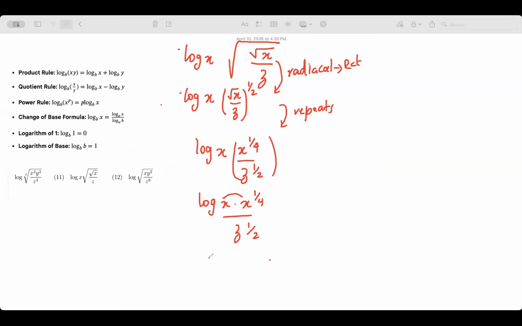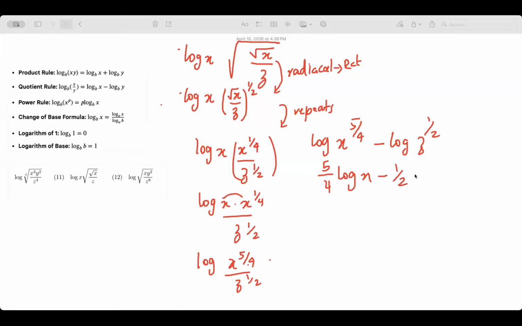Log of x power of 5 by 4 divided by z power of 1 by 2. Now I can write log x power of 5 by 4 minus log z power of 1 by 2, which is 5 by 4 log x minus 1 by 2 log z.